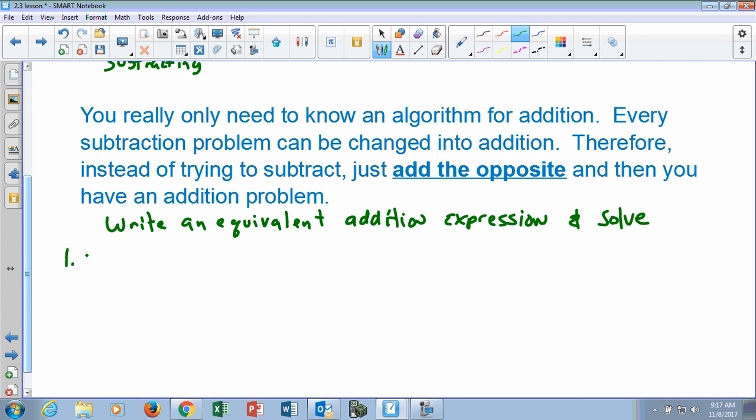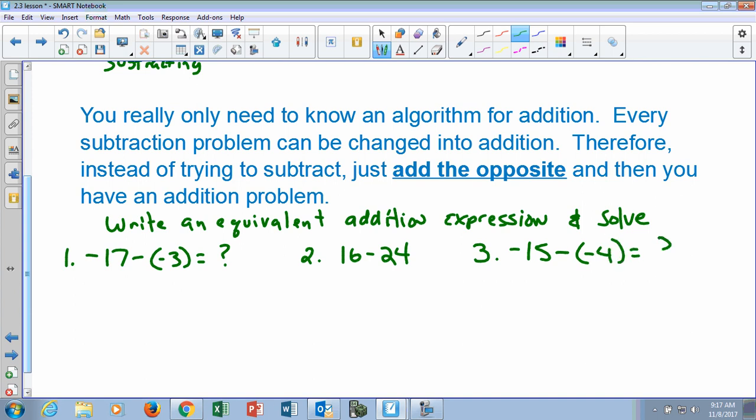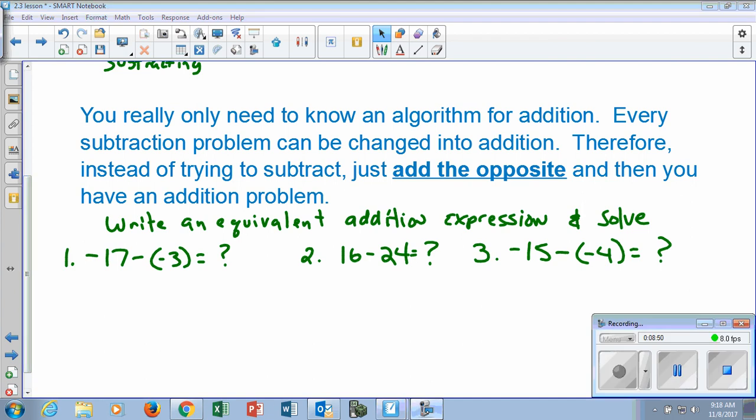Here's the first one. Okay, I'm going to pause this and give you guys a few minutes to work on this. Solve those 3 expressions.